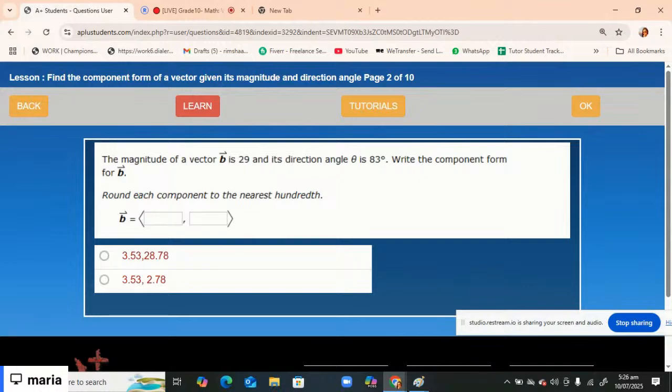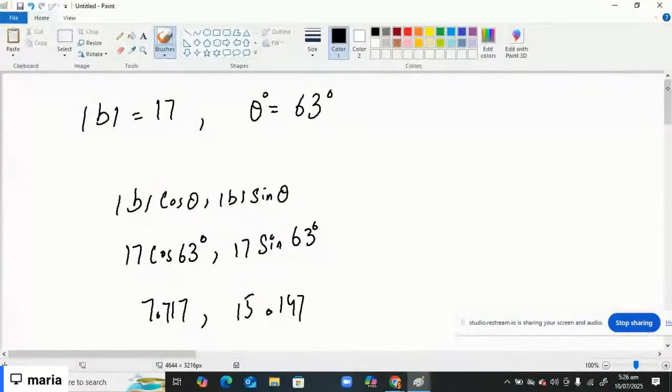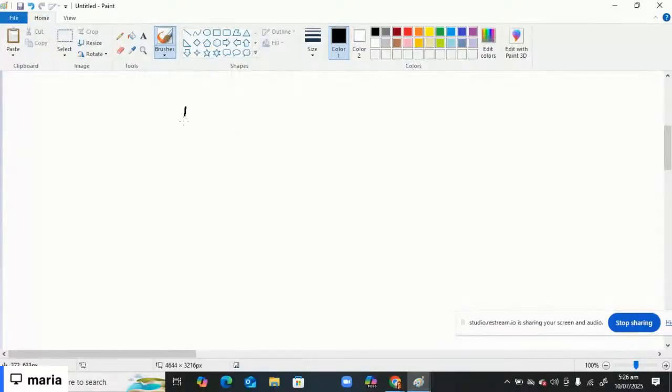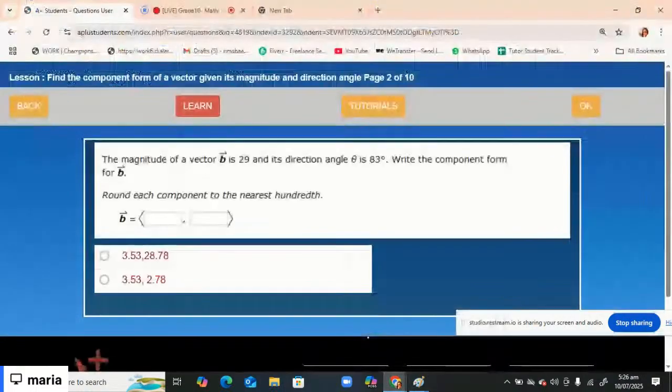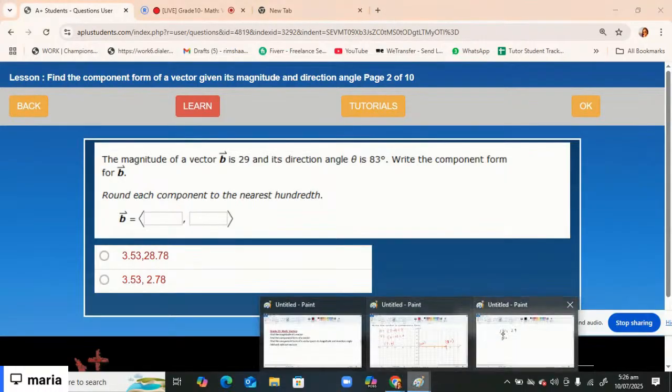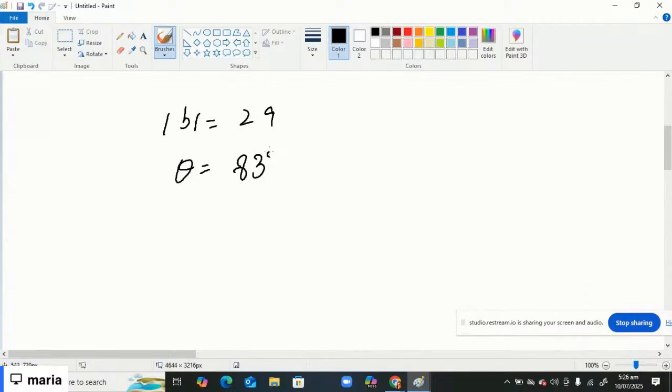Now you guys solve this question. So the magnitude of vector B is 29, and the angle that is given is 83.